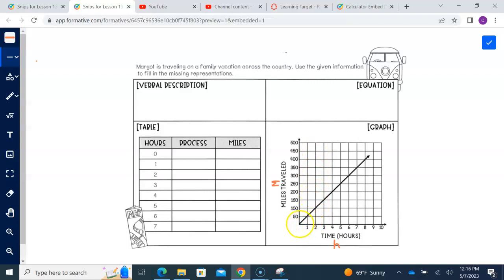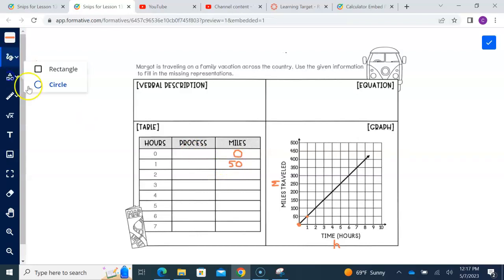So when you're looking at the graph, it starts on 0, 0. When you travel for 0 hours, you get 0 miles. So we're just going to fill in our table using the ordered pairs we can see right off the graph. And then the next piece that I see is if I travel for 1 hour, I get 50 miles. We can go to the graph and fill that in.